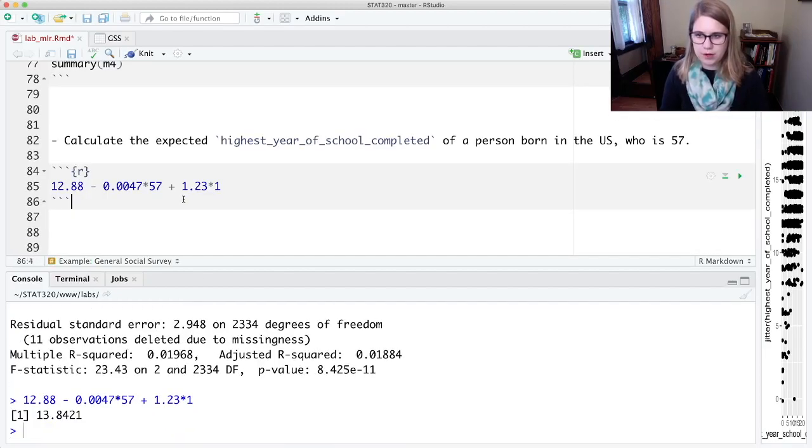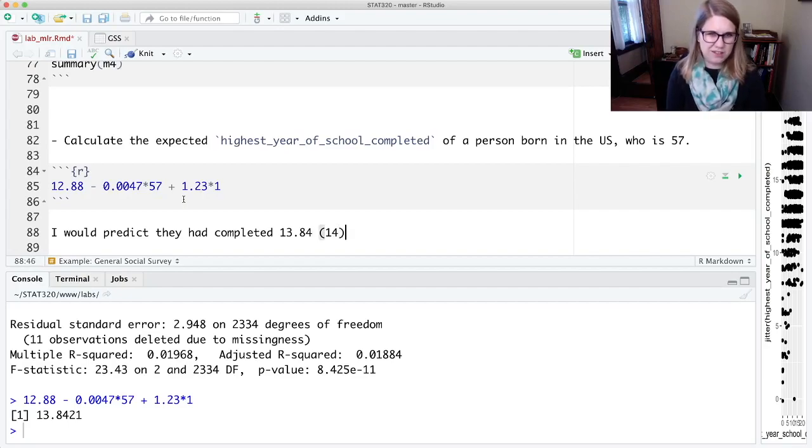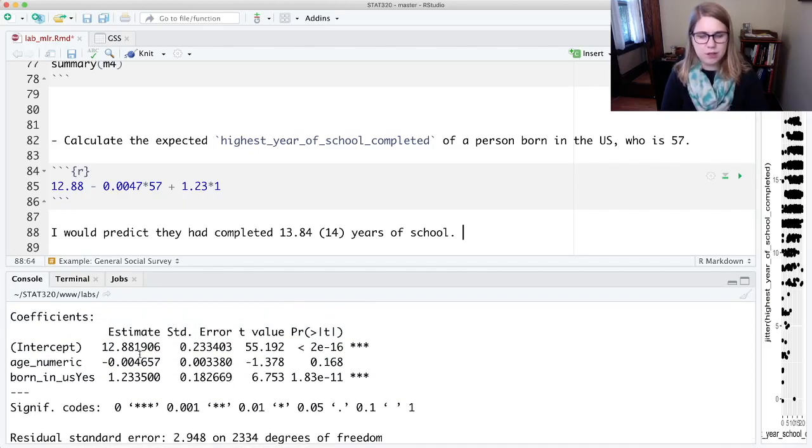And then I would predict they had completed 13.84, and I'll just put in parentheses 14 because of integers, 14 years of school. So I can just plug into multiple regression equations the same way I did for simple linear regression, but I have more things that I need to plug in.